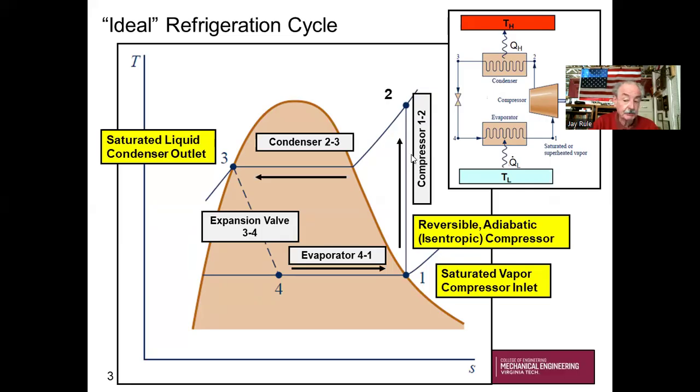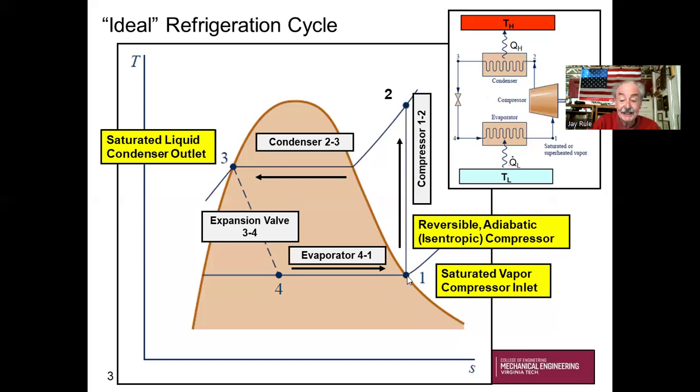So a reversible and adiabatic compressor means we have an isentropic compressor. Now, in the ideal cycle, recognize that in most of my practical work, I considered the inlet to the compressor to be a saturated vapor. That's part of the definition of the ideal vapor compression refrigeration cycle.